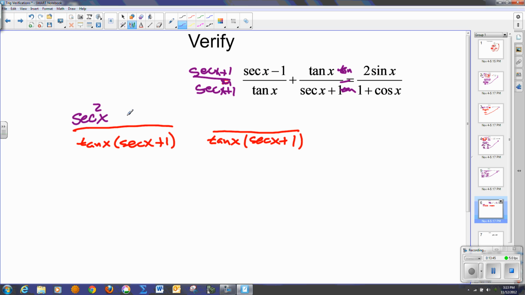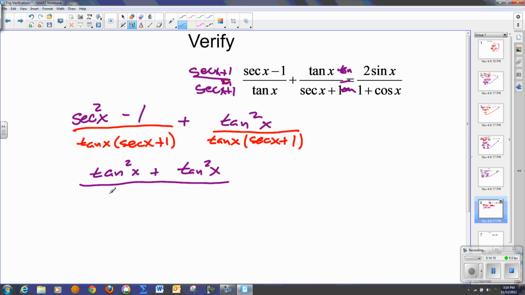That goes to 0 minus 1 plus tan squared of x. 1 plus tan squared is secant squared. So secant squared minus 1 is tangent squared. That's an identity. And that's all over my LCD.